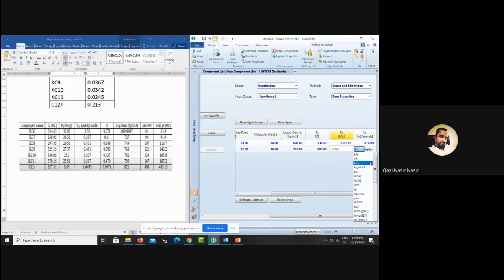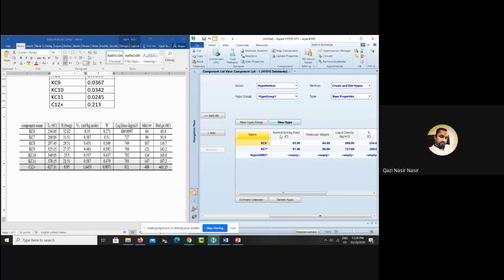So convert this one into bar G. Then critical volume will be 0.38. Then you have eccentricity, which is 0.31. So already added KC6 and KC7. Now we will add KC8.